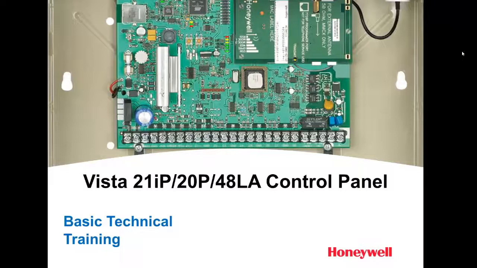The way the programming and the devices work, they use the same ones all the time. They have little differences between them, mostly in the programming of the zone descriptions, but they basically use the same communicator, the same expanders, and the same zone types.